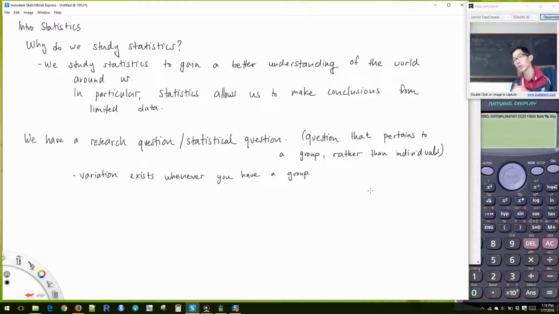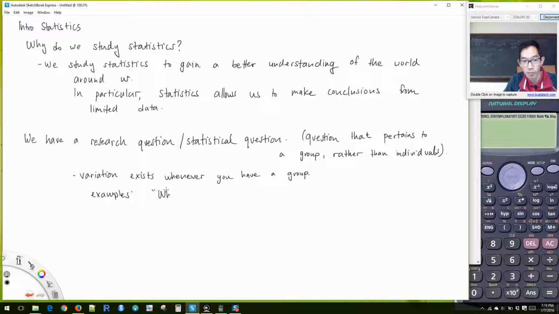It could be, is an experimental drug more effective at treating some disease than the current existing treatment? We can talk about how these questions can be answered. So, just example questions.